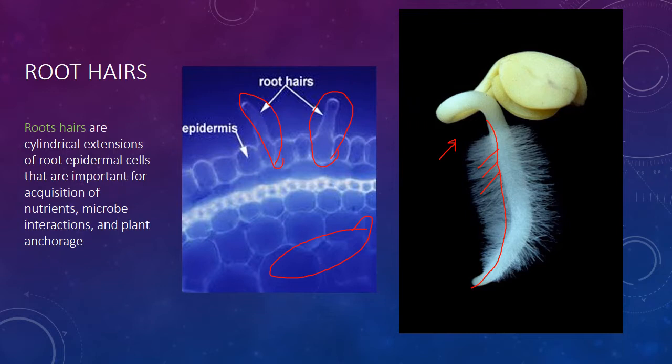Root hairs not only allow for more surface area for water and mineral absorption, but that's also where symbiotic relationships happen with nitrogen-fixing bacteria. If you remember way back when we were talking about bacteria, we talked about rhizobium bacteria. That's a nitrogen-fixing bacteria that has a symbiotic relationship with plants that are legumes, so alfalfa, soybean, that sort of thing.